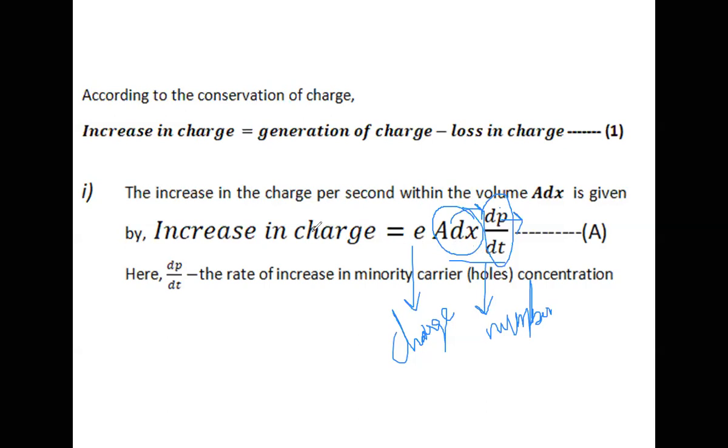That means the rate at which the charge of the minority carriers is increasing in the considered volume A dx. This is the expression for increase in the charge. I considered the rate at which the number is changing, multiplied with the volume, so that I get the rate at which the number of holes is changing in the considered volume A dx, and if you multiply with charge, then you will get the increase in the charge within the considered volume.